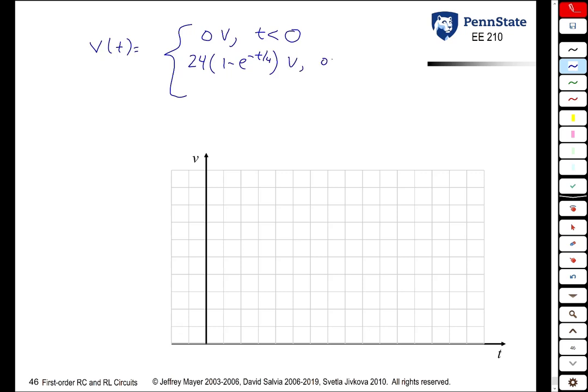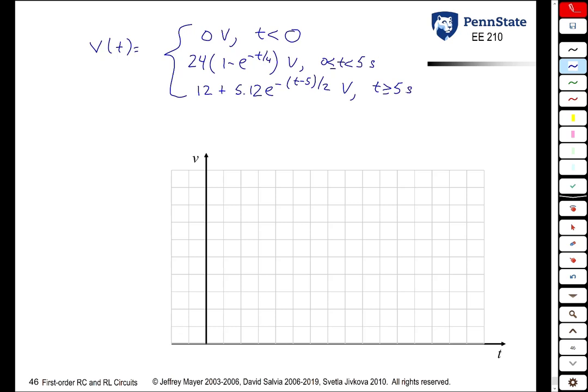And this is valid between 0 and 5 seconds. Then it's going to be 12 plus 5.12 e to the minus t minus 5 over 2 volts for t greater than or equal to 5 seconds.